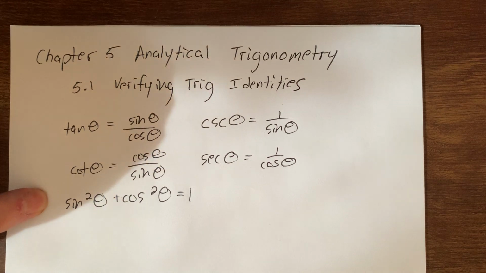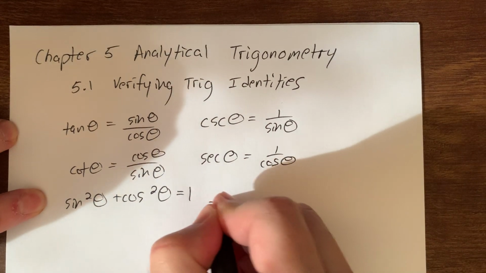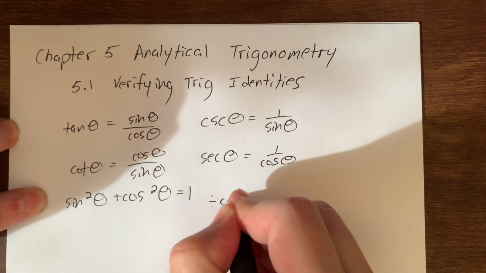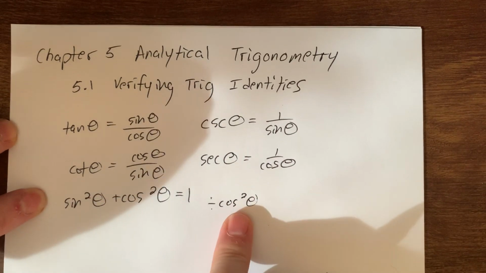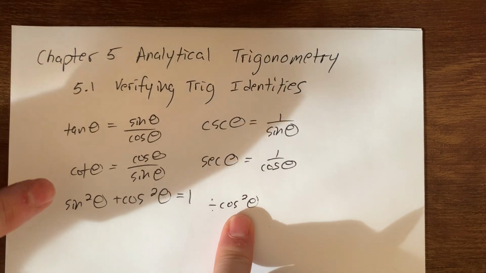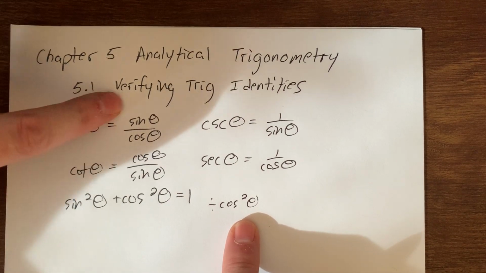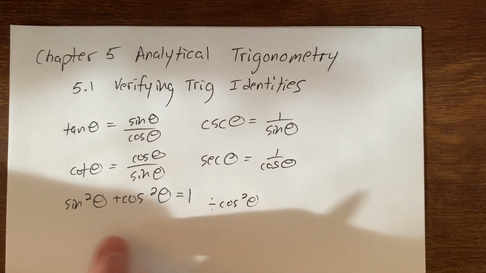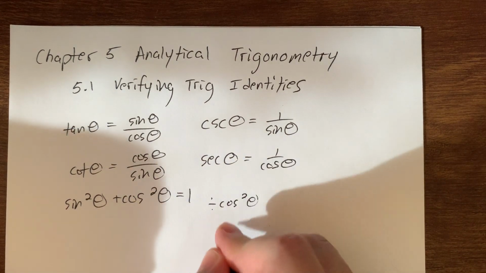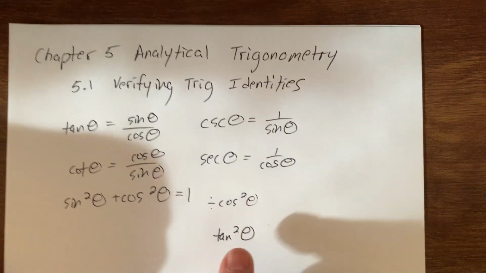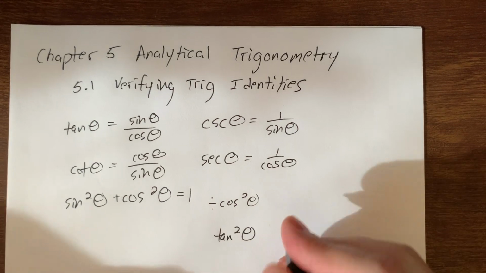So take this identity and let's divide everything by cosine squared. Sine squared divided by cosine squared: well, tangent is sine over cosine, and they're both squared, so that gives me tangent squared.